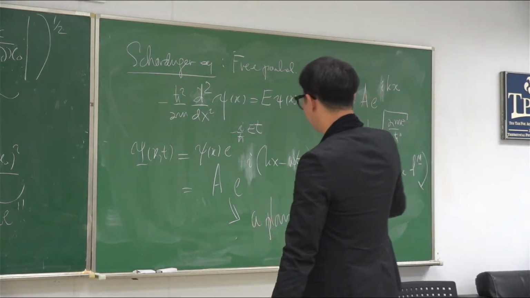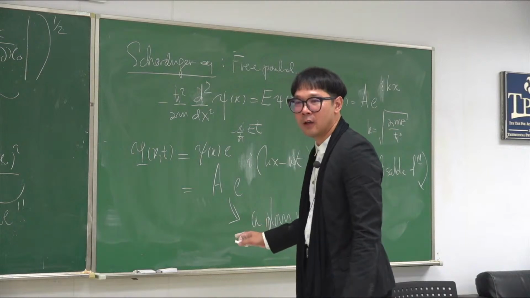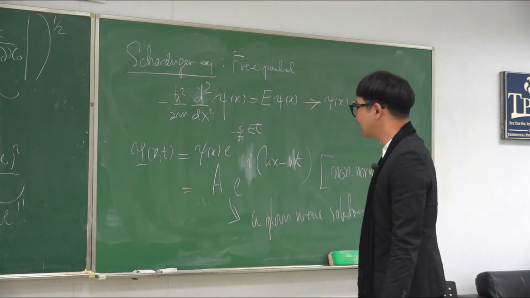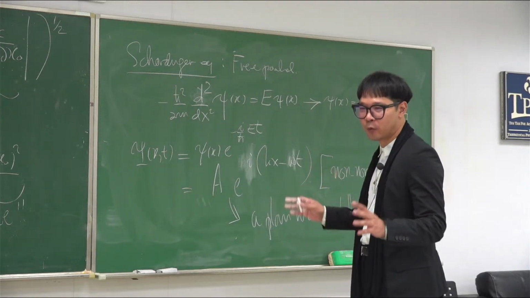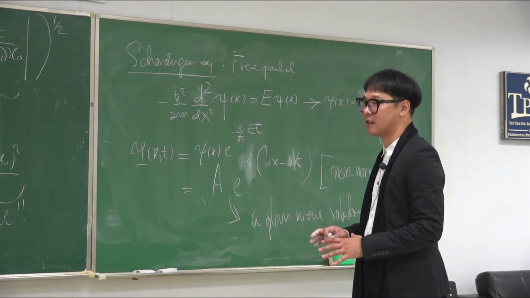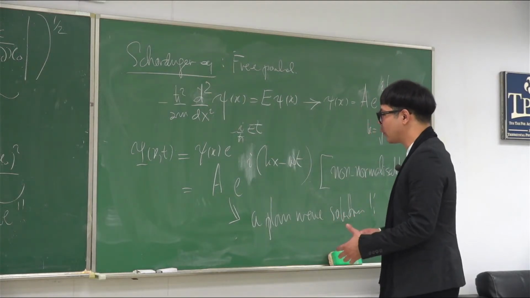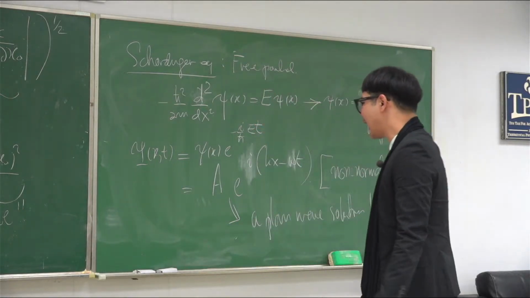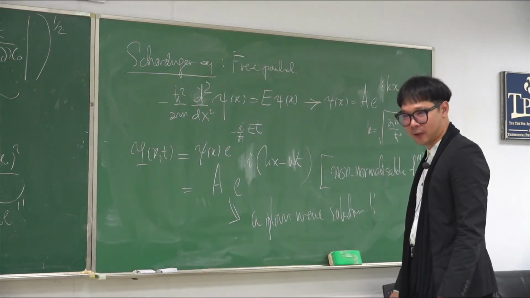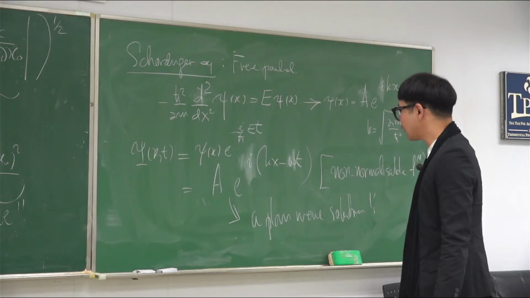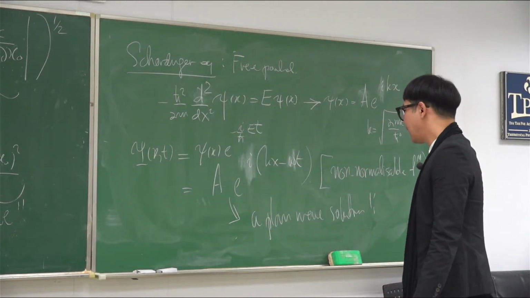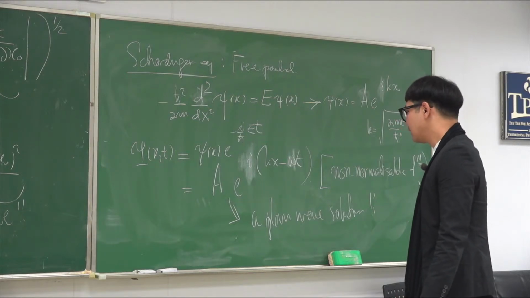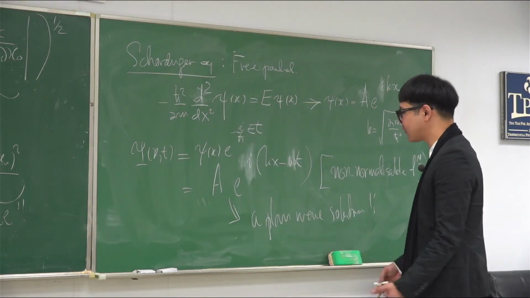But anyway, we know how to deal with this because you need to make this wave a wave packet, and then you get a nice wave function to represent the particle. But for this solution, it doesn't have any physical meaning. But yeah, it's a solution.